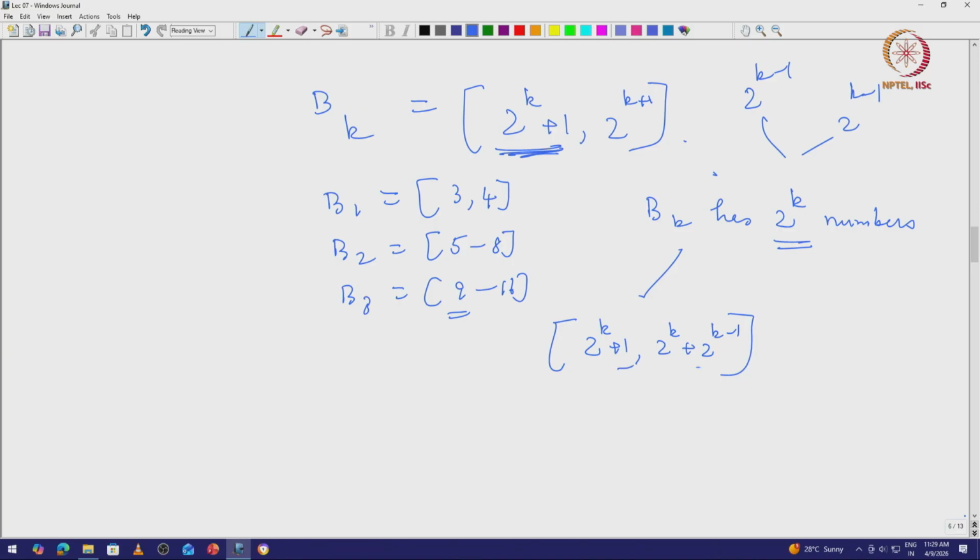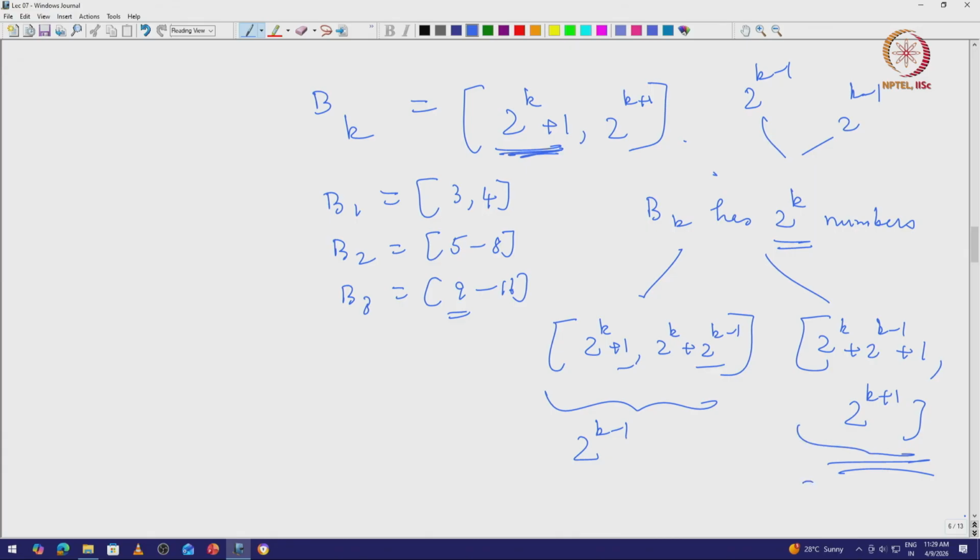So the first half goes from 2 power k plus 1 up to 2 power k plus 2 power k minus 1, and the other half goes from 2 power k plus 2 power k minus 1 plus 1 up to 2 power k plus 1. This is the second half. This has 2 power k minus 1 numbers and this has another 2 power k minus 1 numbers.